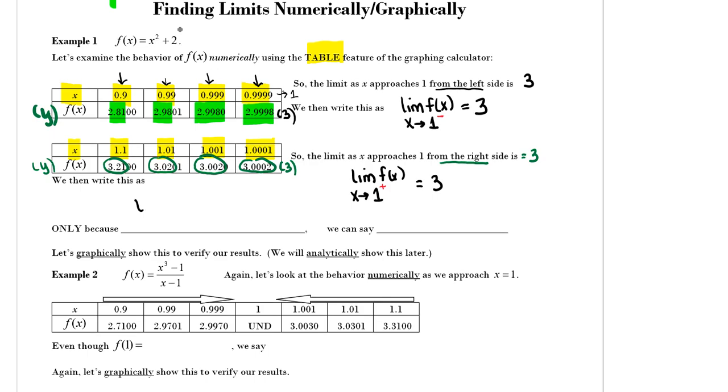So because the limit of our function as x approaches 1 from the left is equal to the limit of our function as x approaches 1 from the right, we are able to say the limit itself as x approaches 1 is also equal to 3.